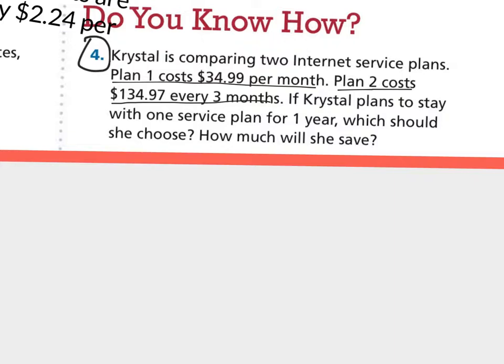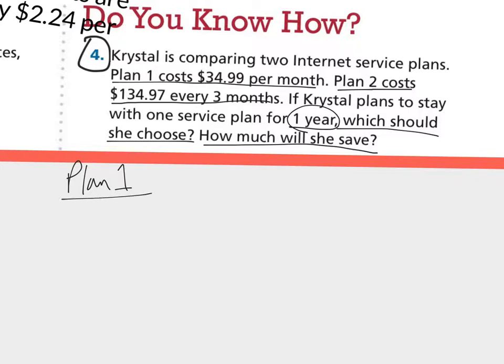If Crystal plans to stay with one service plan for 1 year, which should she choose, and how much will she save? Okay, so we're answering a couple questions. Obviously, well, not obviously. At this point, even, it may not be real apparent which one's even the cheaper way of going.